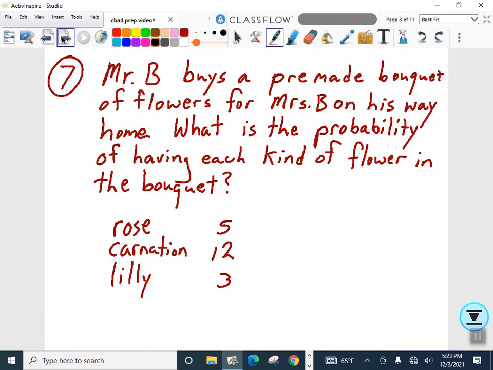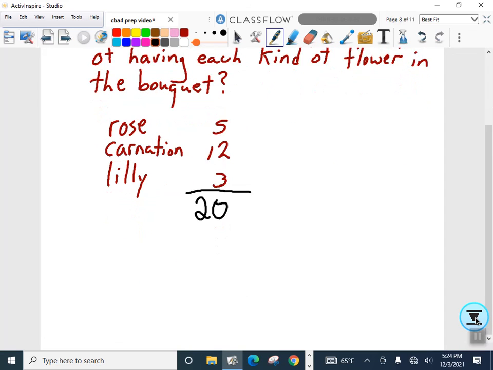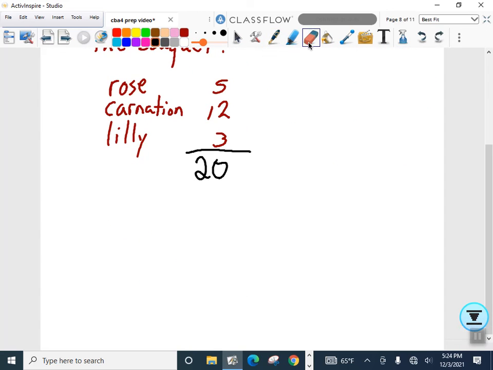All right, number 7. Mr. B buys a pre-made bouquet of flowers for Mrs. B on his way home. What is the probability of having each kind of flower in the bouquet? Well, as it turns out, there are a total of 20 flowers. I'm going to make this a little nicer.